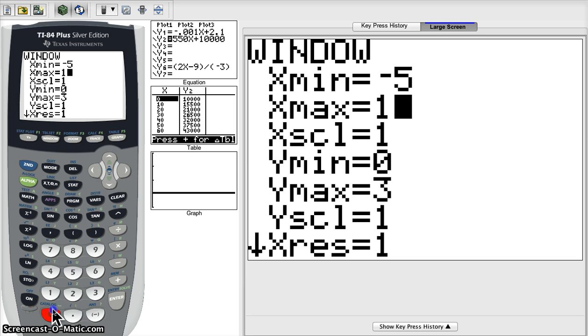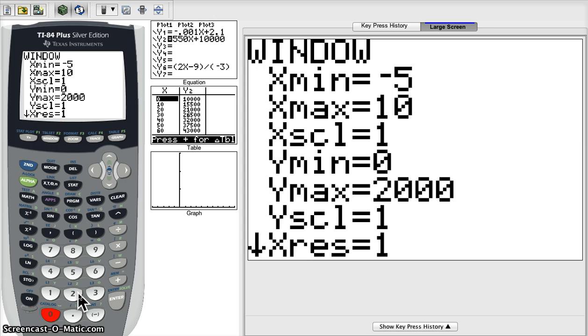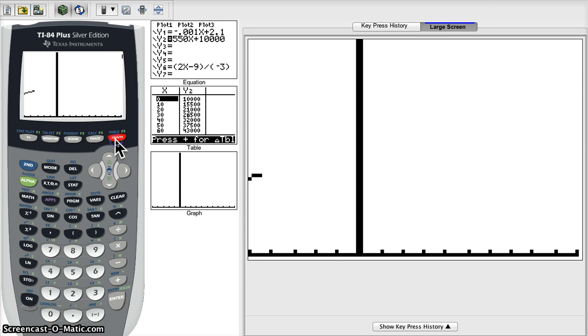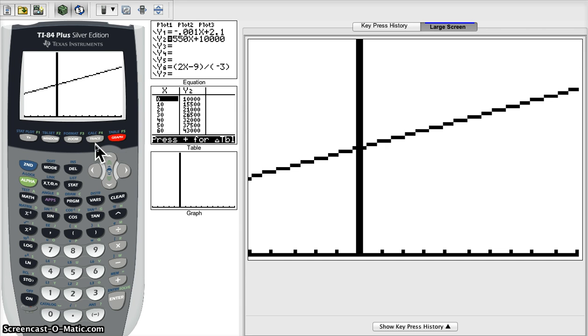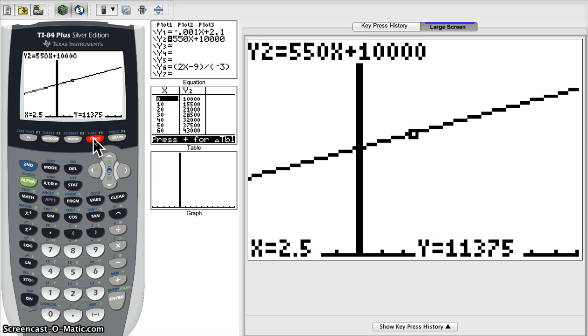Let's set it to be maybe 10. Within 10, the y goes from 10,000 to 15,000. So let's go to a 20,000 max for my y. Now if I graph it, that's a much easier graph to deal with if I'm trying to locate approximate values or study the behavior of some other kind of graph.